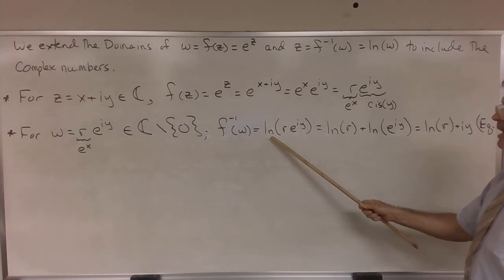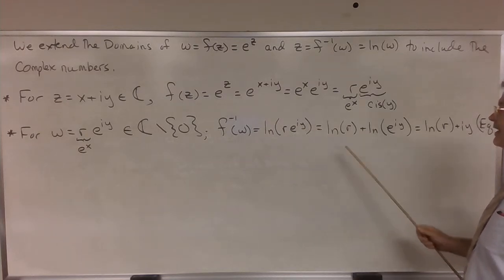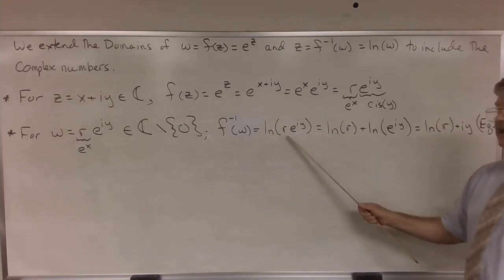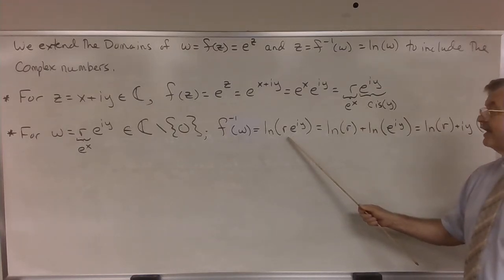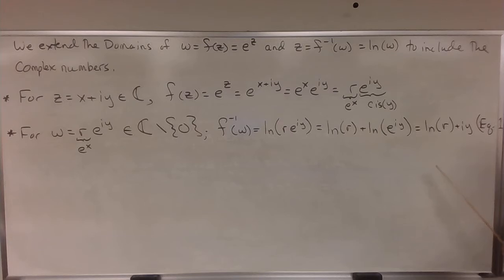And we apply the properties of natural logarithm. Natural log of r times e to the iy is natural log of r plus natural log of e to the iy. Remember, natural log of a product is the sum of the two natural logs. So that's why this happens. And that gives us natural log of r.